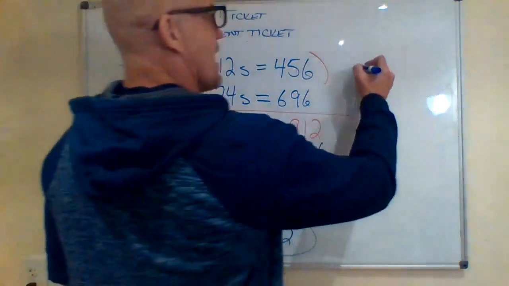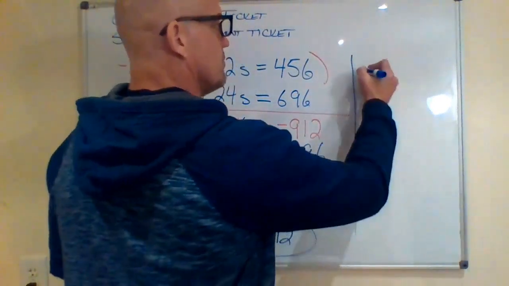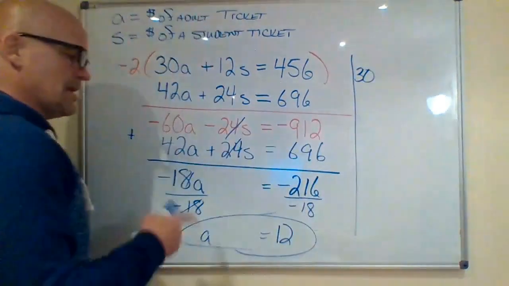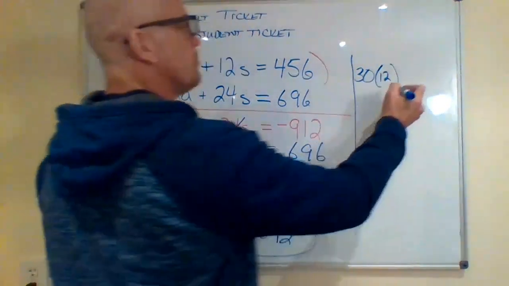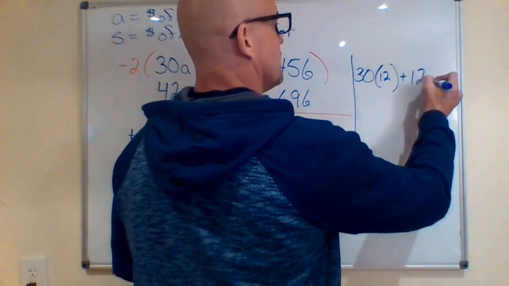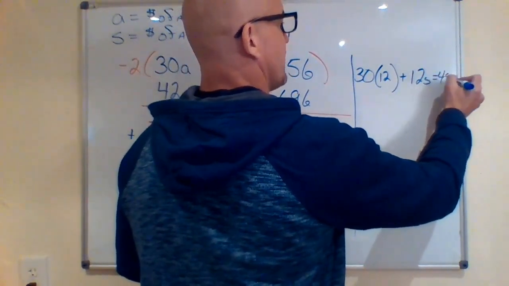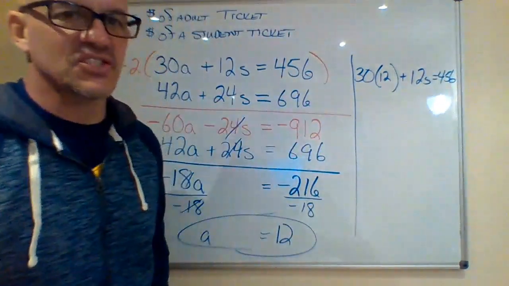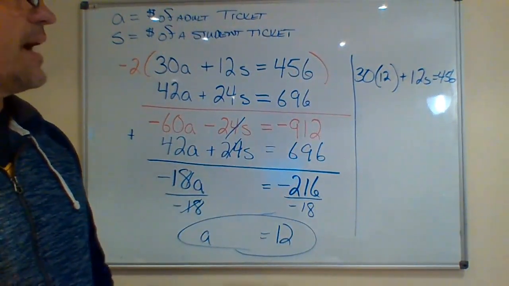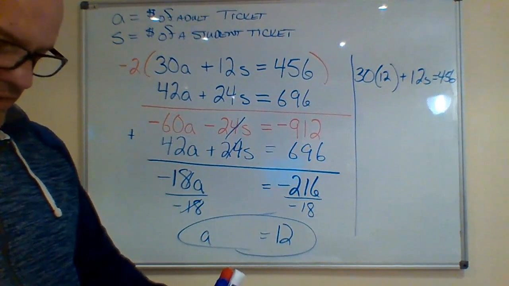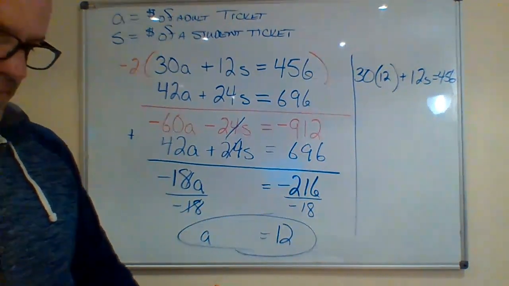So I have 30A, which in this case will become 30. We now know A is 12, so that's 30 times 12 plus 12S equals 456. Sorry, I'm kind of squeezing it in there. My board is only so big. So 30 times 12, of course, is 360. Let's verify.